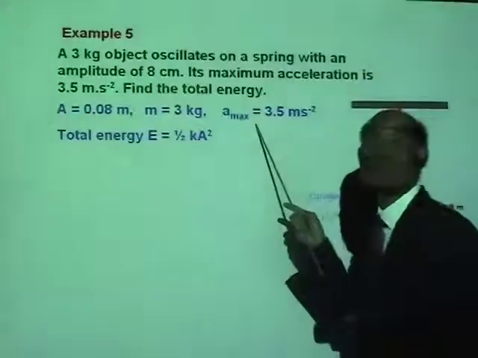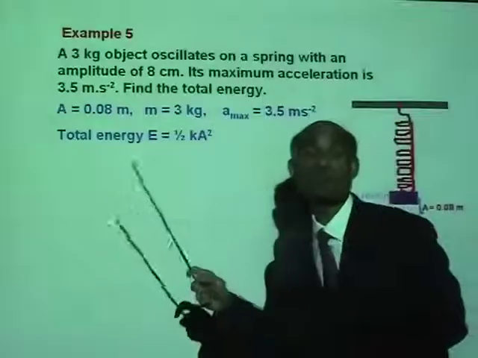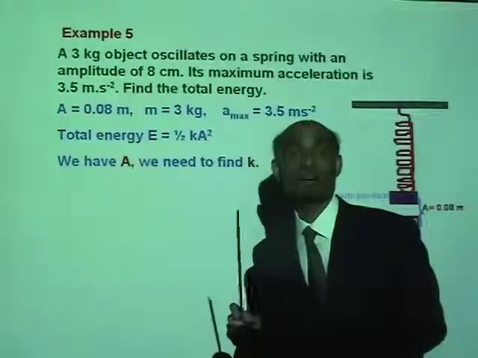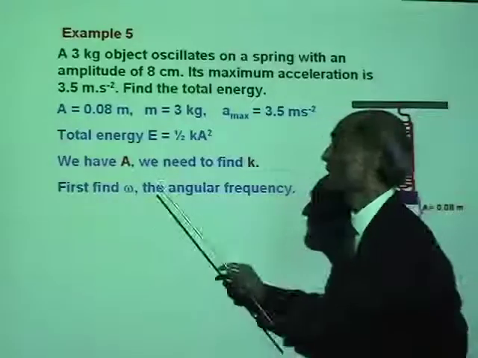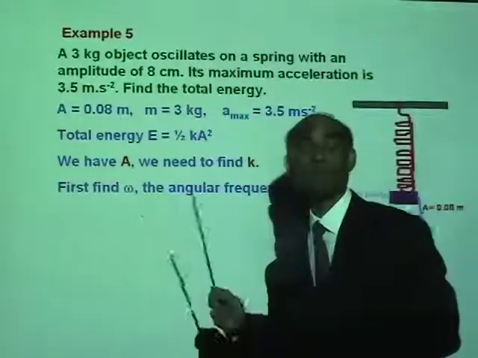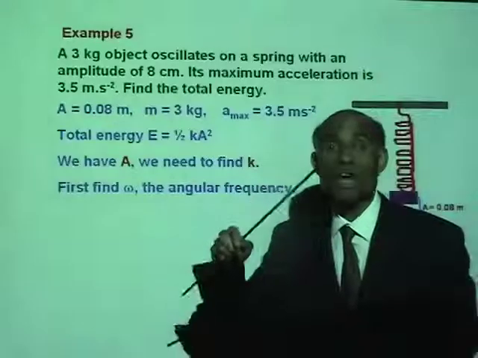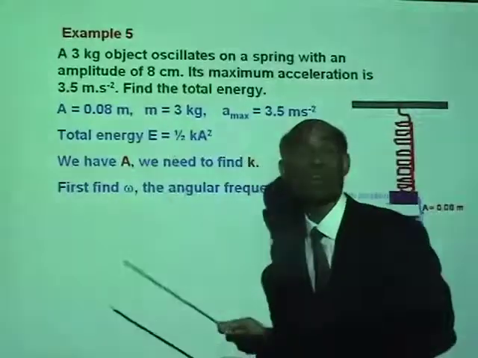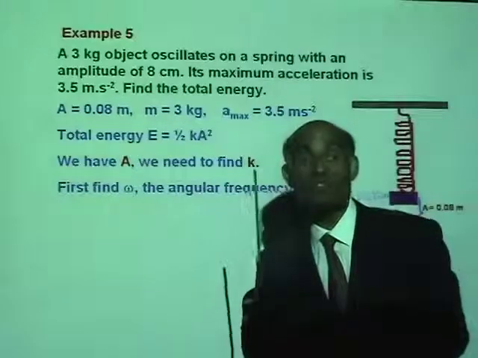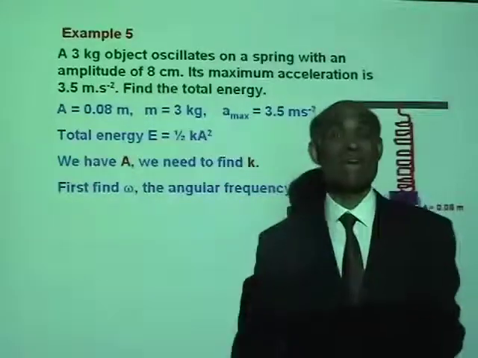Well, we can start looking at this. You know the maximum acceleration. The maximum acceleration is A omega squared, where A is the amplitude. Now that means you can find your omega from there.